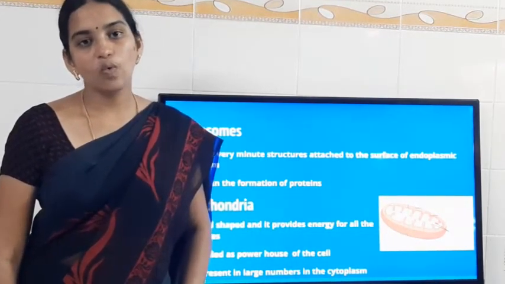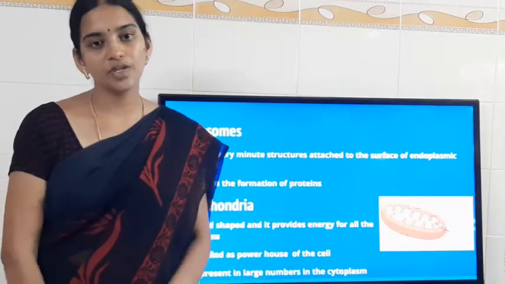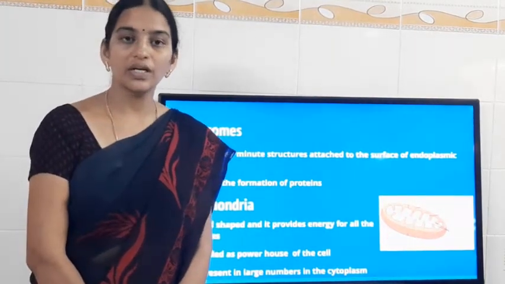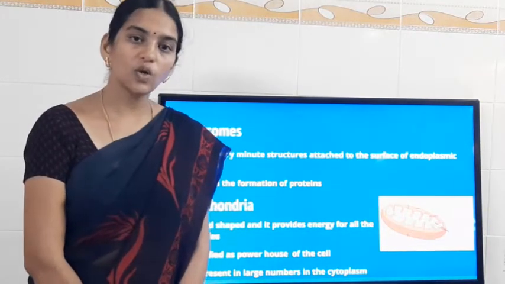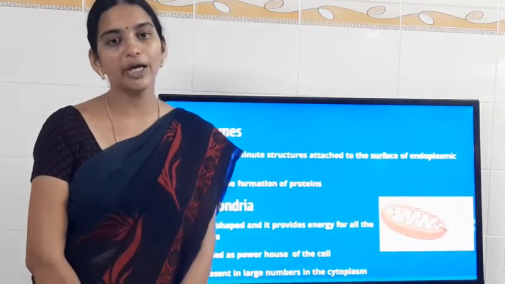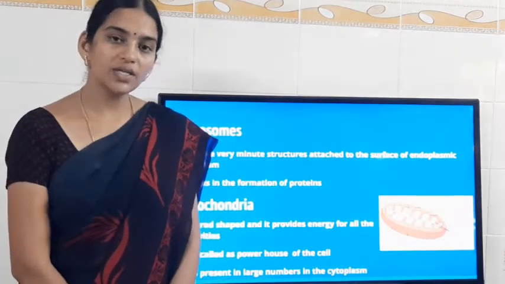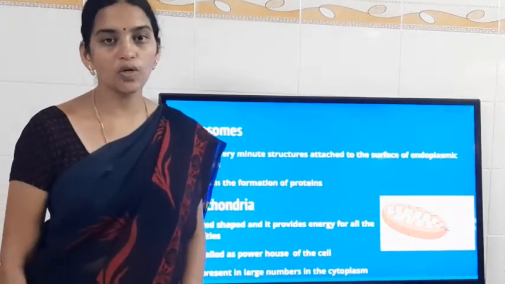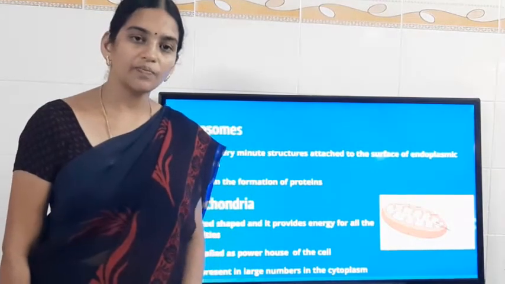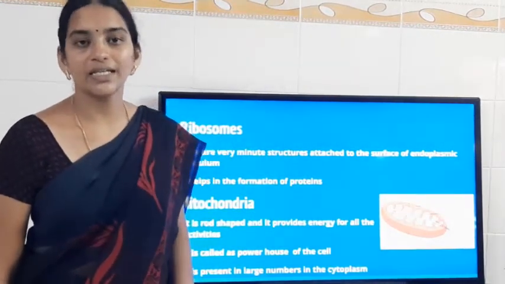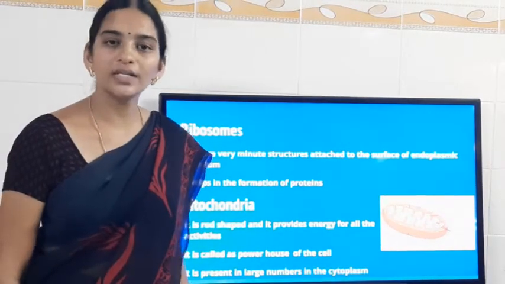The energy required for the cell is obtained by the mitochondria through a process called respiration. In this process, glucose is broken down by oxygen. Thus, mitochondria use oxygen and glucose to produce energy. A large number of mitochondria are present in the cytoplasm in all the cells.